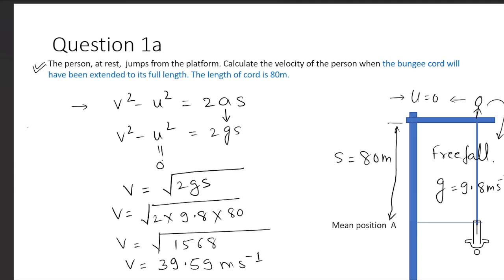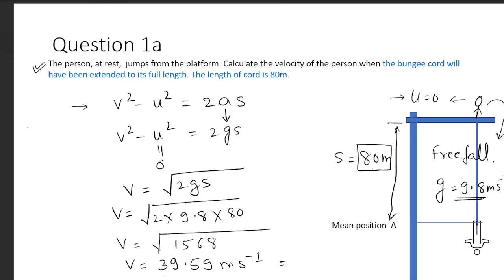Now one more thing we need to consider here. Our data has only two significant figures in the case of acceleration due to gravity and one significant figure in the case of this height. So our final answer should have only one significant figure.